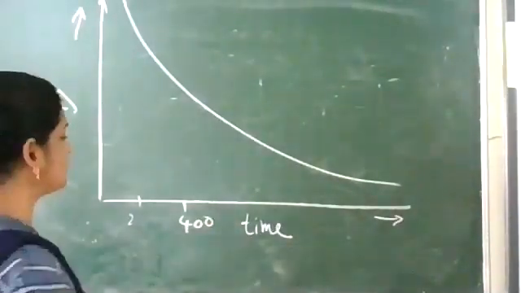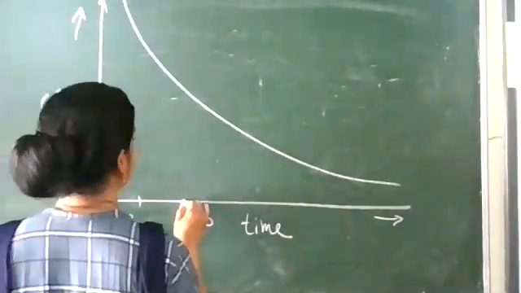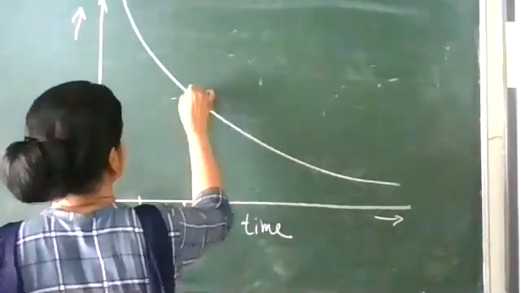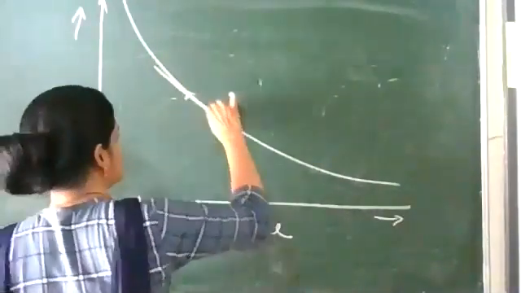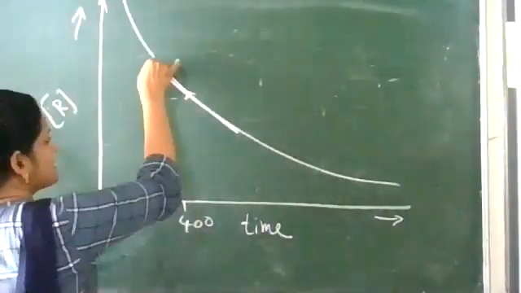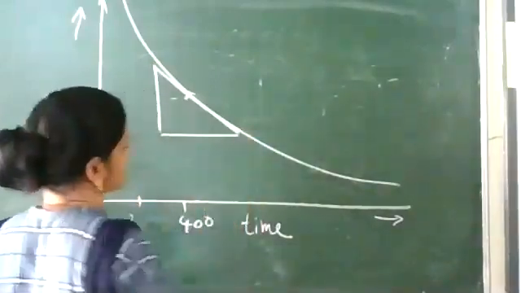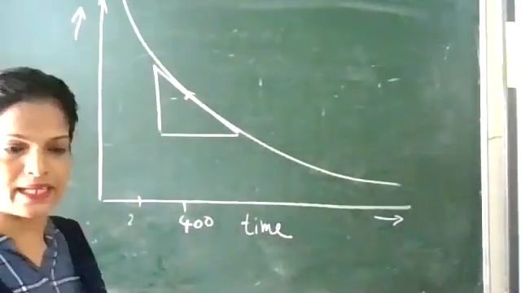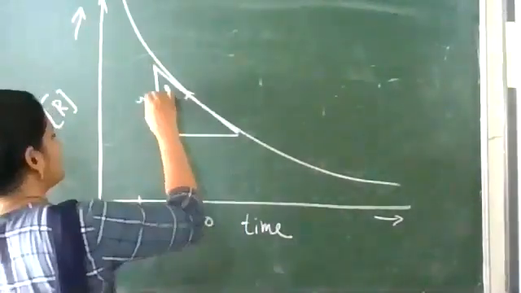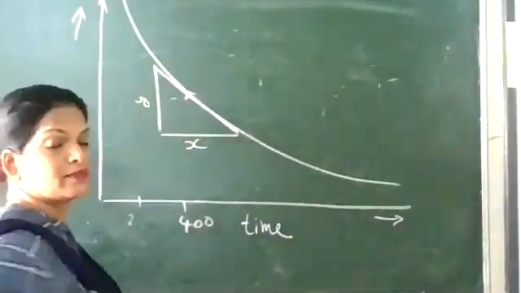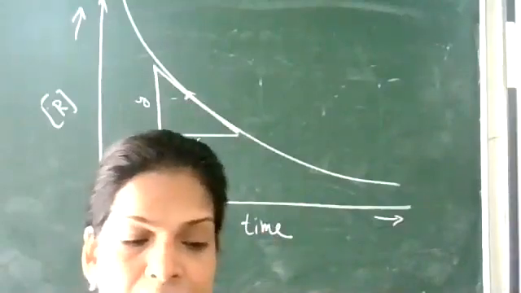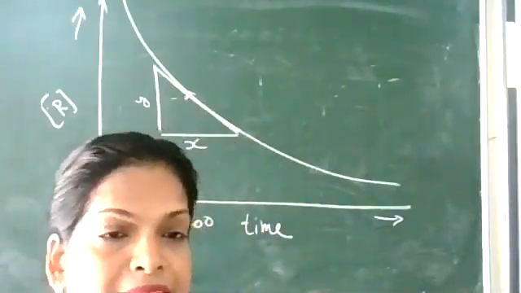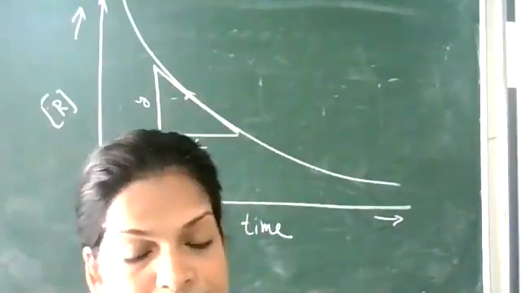To get the instantaneous rate, take this point over here and draw a tangent on it. Construct a right angle triangle. And this y by x, that is the instantaneous rate. Y by x will give you the instantaneous rate.